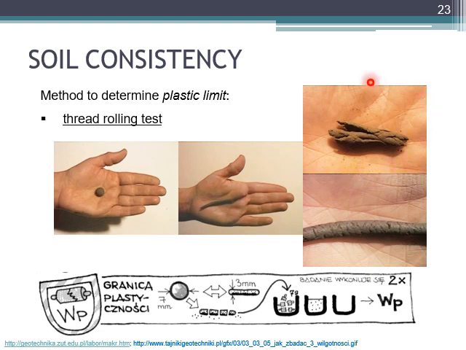What is quite interesting is this behavior of the thread that can be used not only to determine the plastic limit, but also to determine the soil type. For instance, this behavior is typical for silts, while this behavior with the perpendicular cracks is typical for clays.